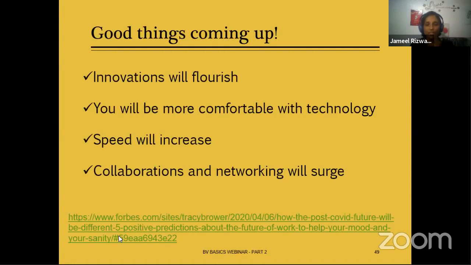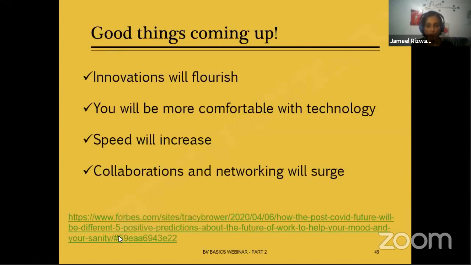Anything that's coming in, use it to your advantage, so that you can become an entrepreneur. You will be more comfortable with technology now, so please make sure you use it to your advantage. Speed will increase. All our speed with computers and technology will increase. Your patient speed will also increase, and collaborations and networking will surge. So these are very, very positive predictions.